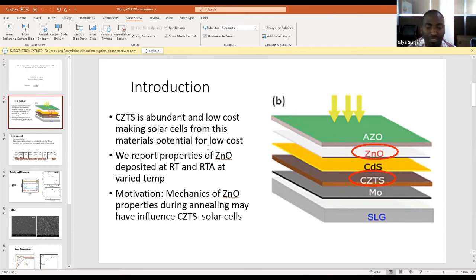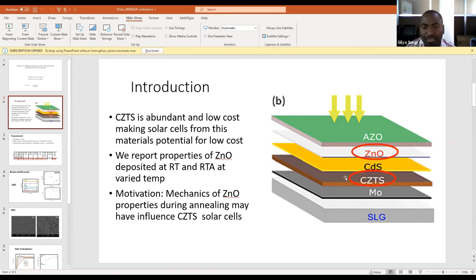The motivation of this work is that, although there is a lot of work on zinc oxide, we wanted to see if the mechanics of zinc oxide properties during annealing may have influence on CZTS solar cell. So we wanted to understand that.